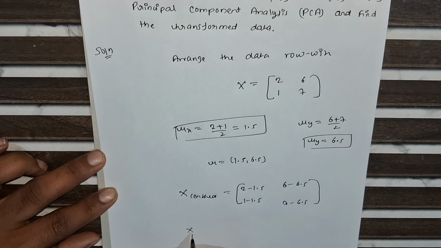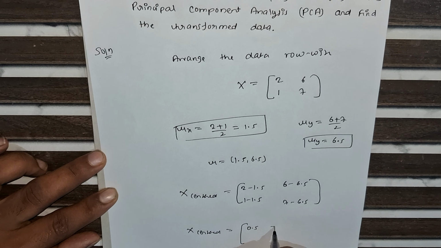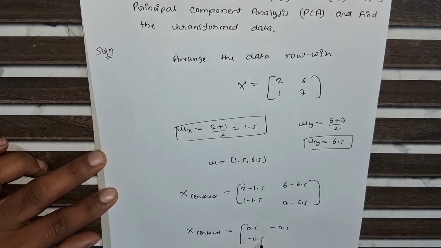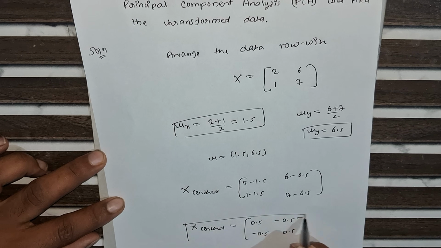So when you subtract it, X center is equal to 0.5, minus 0.5, minus 0.5, and this is 0.5. This is our X center.